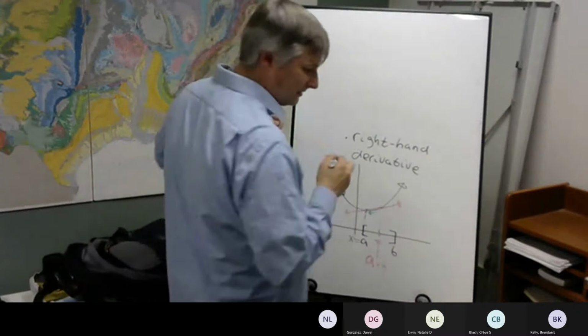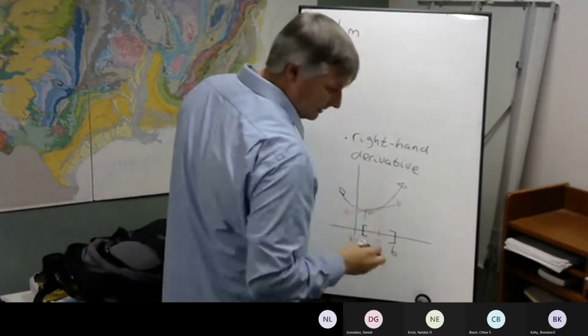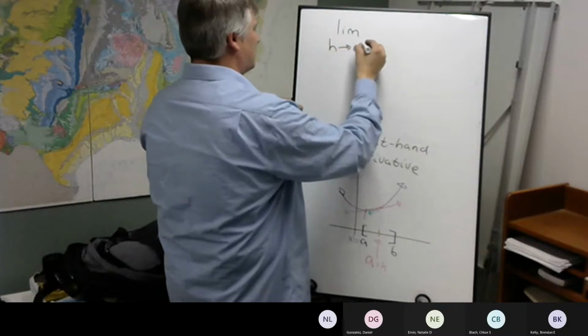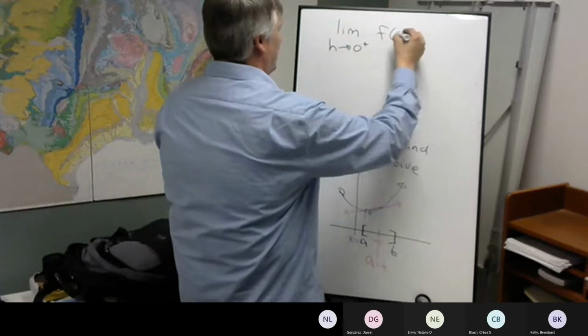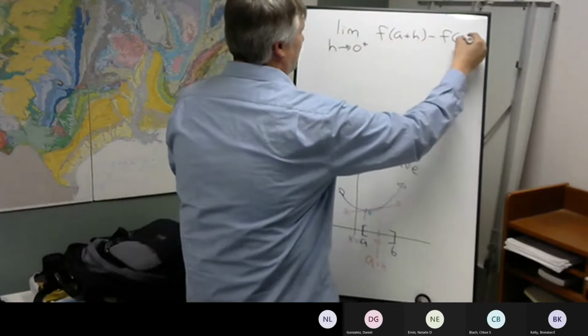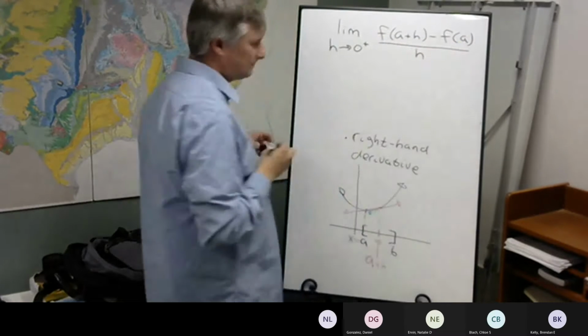So this means the limit as h approaches 0 plus of f of a plus h minus f of a, divided by h.